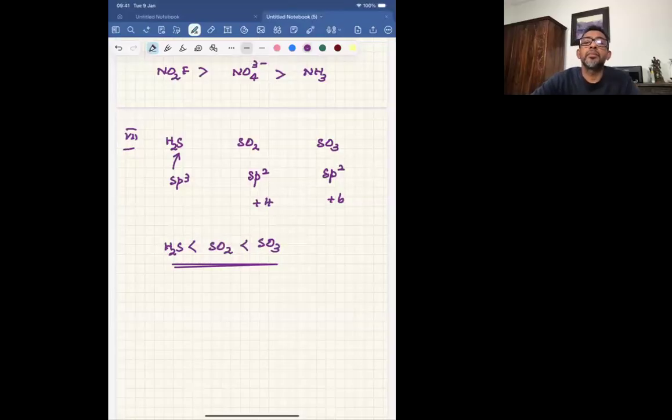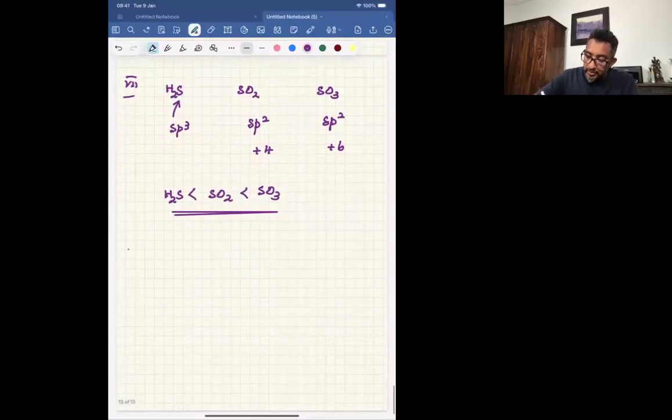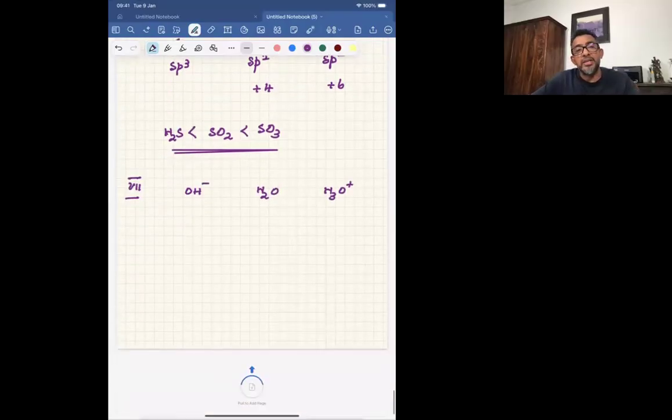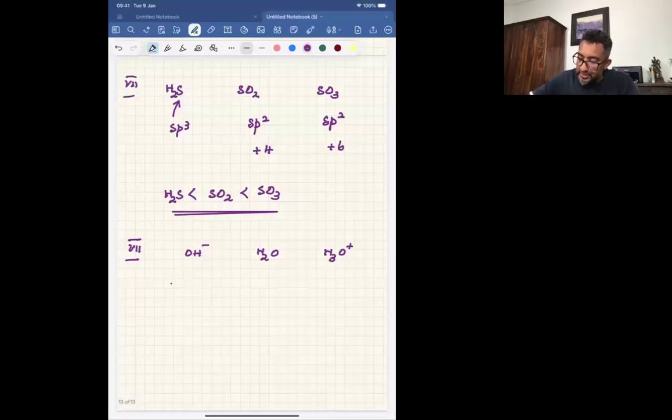Right. Okay. Next, 8: hydroxyl OH minus, H2O, and H3O plus. Let us look at the hybridization there. This oxygen is sp3. This oxygen is also sp3.